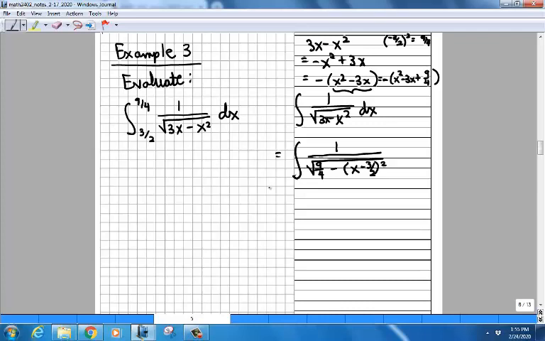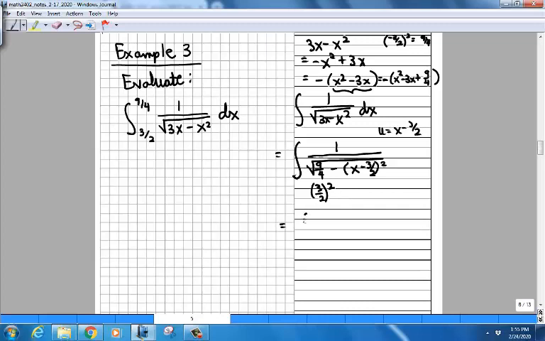What's the square root of 9/4? 3/2. Sure, right. 9/4 is 3/2 squared. So your a value is 3/2. What's your u? x minus 3/2. Sure, right. So you're going to just substitute in u.